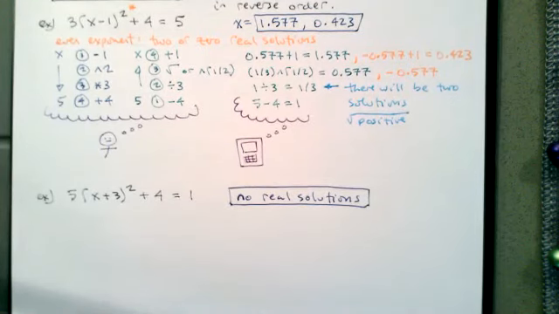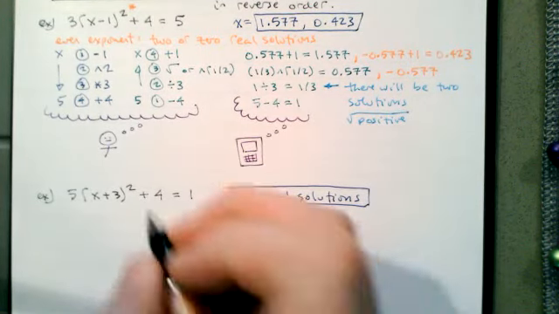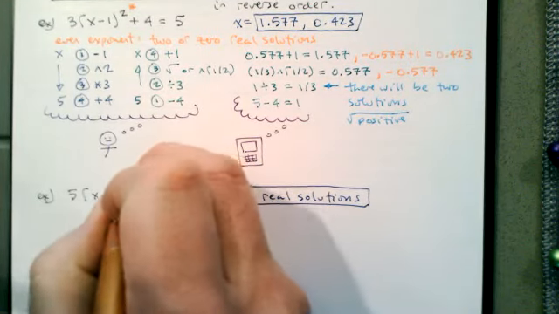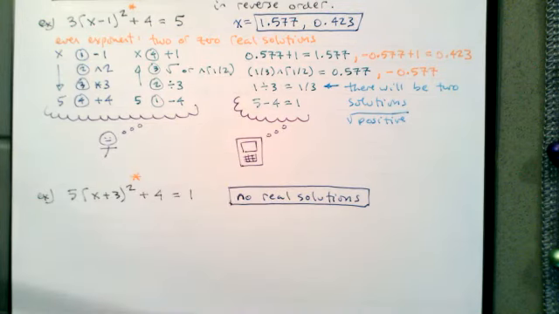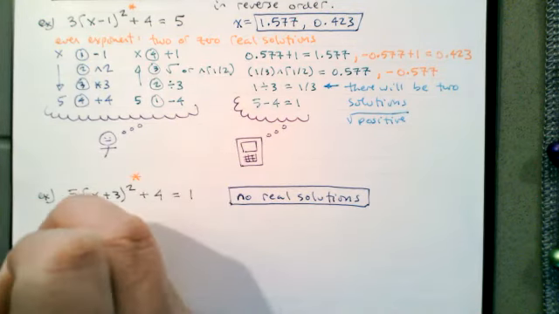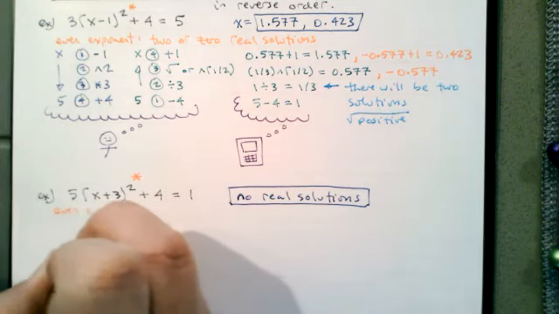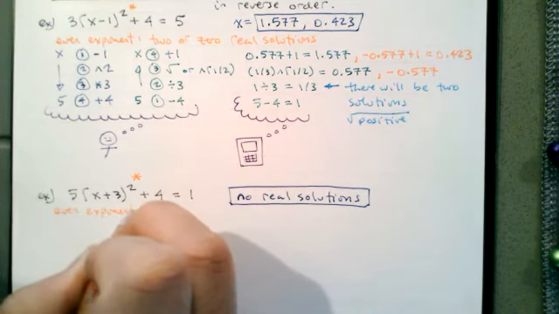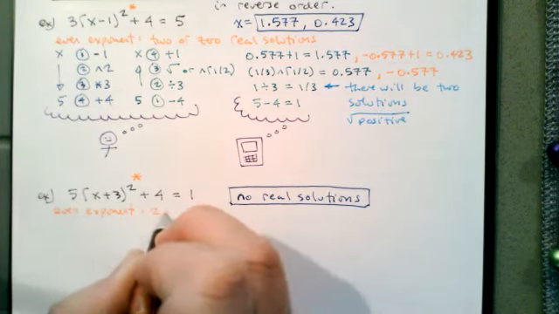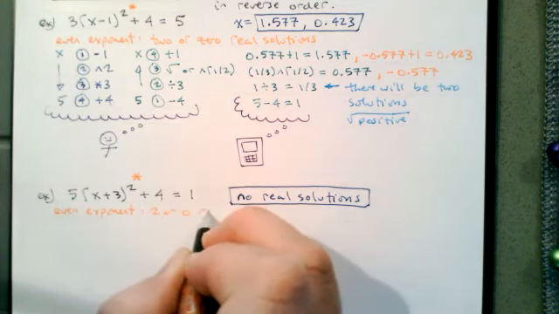To take a look at what the writing would look like, we already know what the answer is, but that doesn't mean that we should stop analyzing the problem. We notice that there's an even exponent, and that means 2 or 0 real solutions.